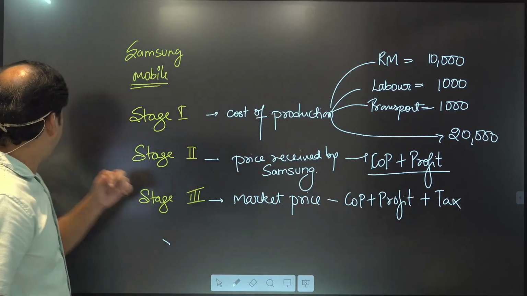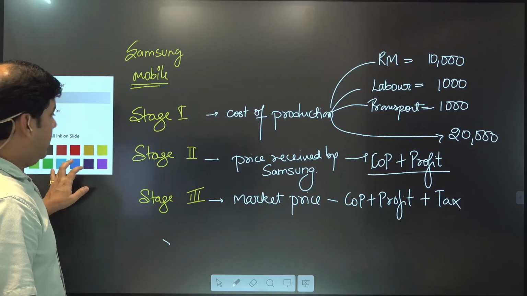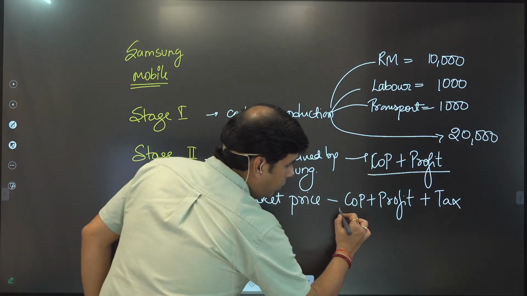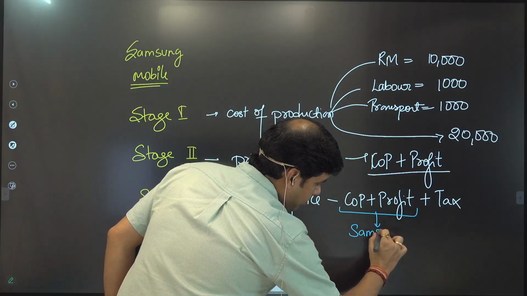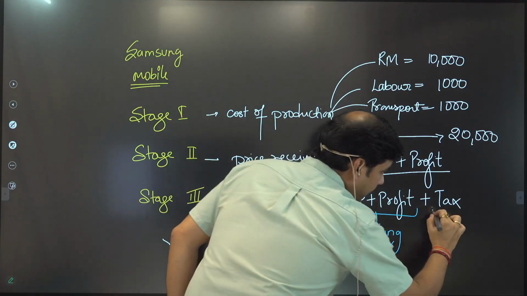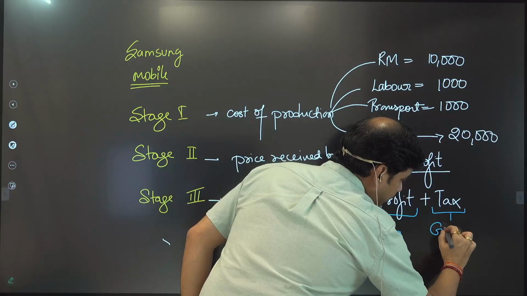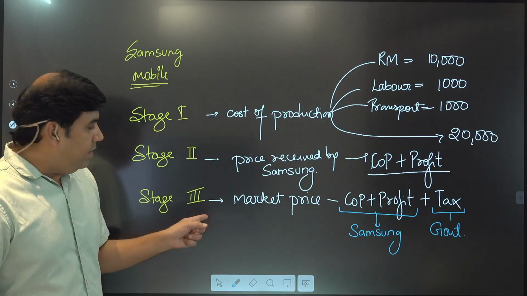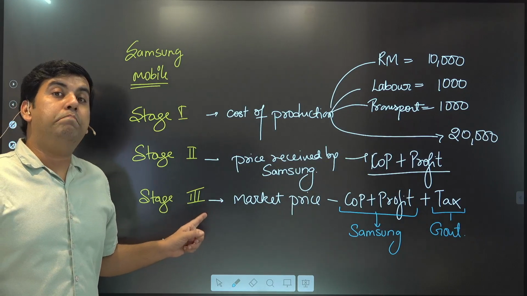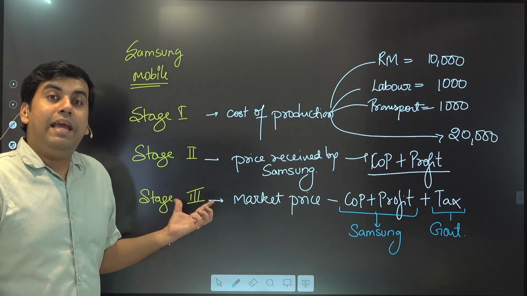Now the cost of production and profit go to Samsung. Taxes go to the government. And this is the third stage where you pay. This is what you pay.